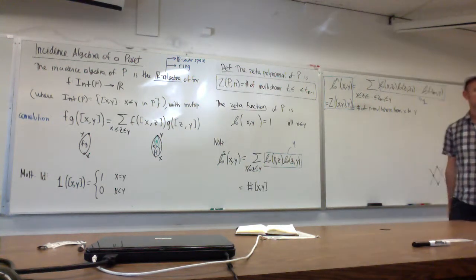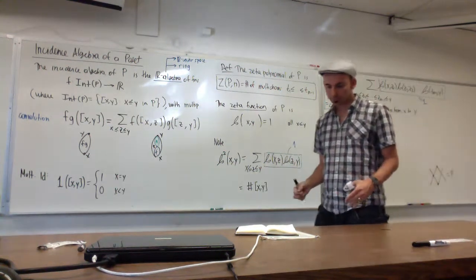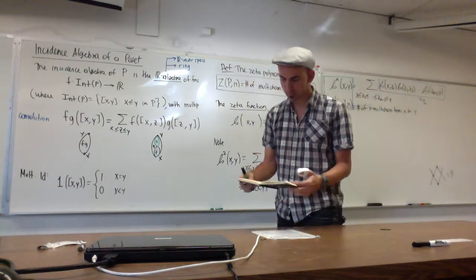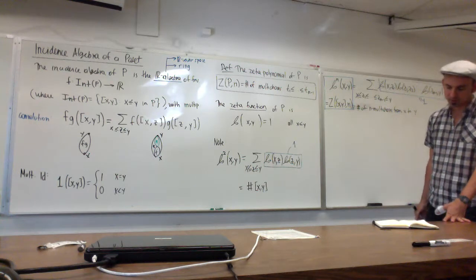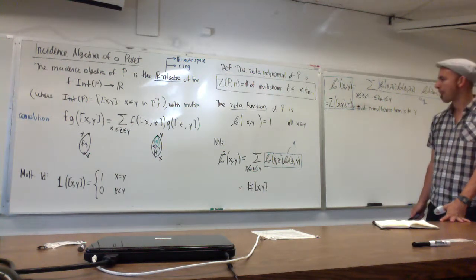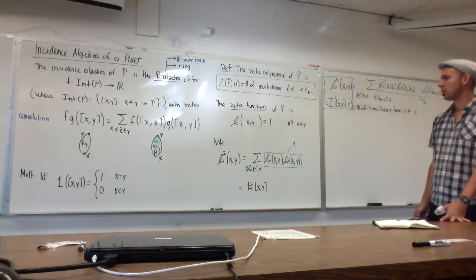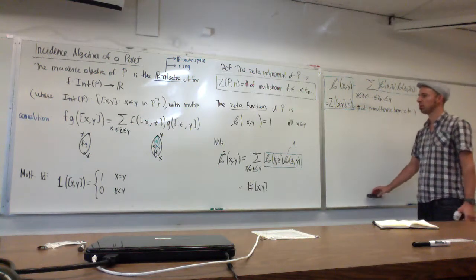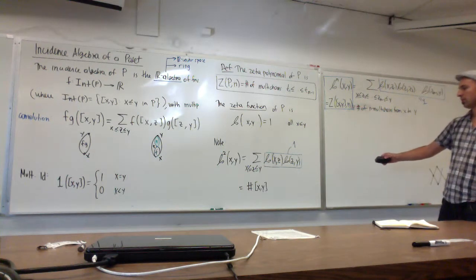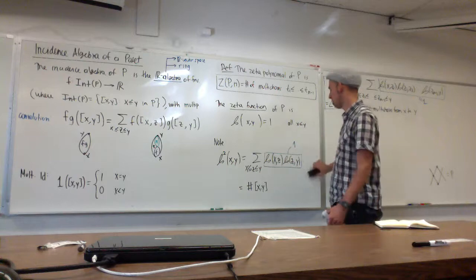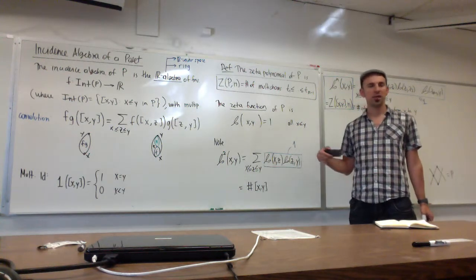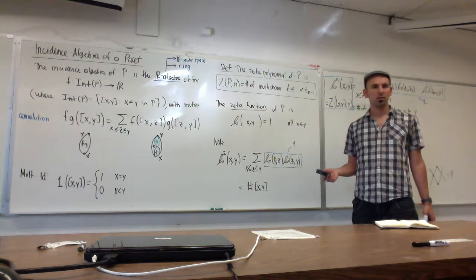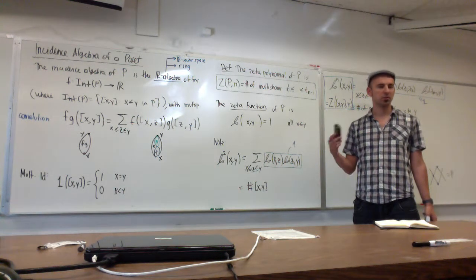Are there any other interesting functions from the incidence algebra that give you interesting polynomials? Yeah, so what other functions can we define? One thing that we can ask is, you have a ring. This ring has a multiplicative identity. So can we take inverses, for example?